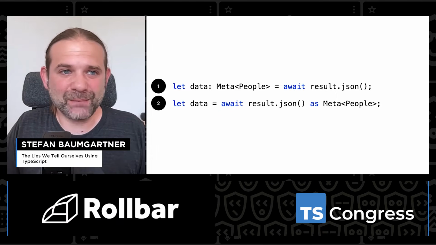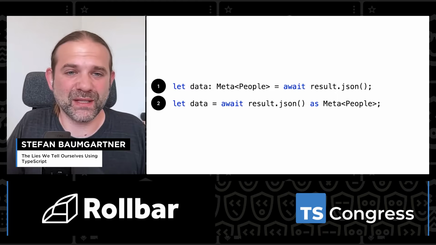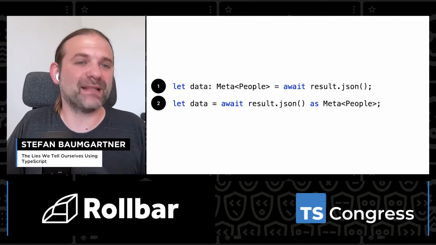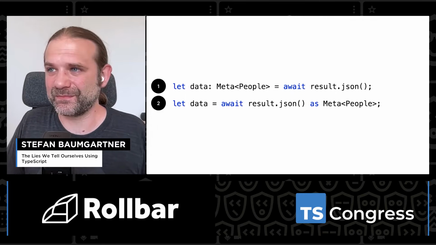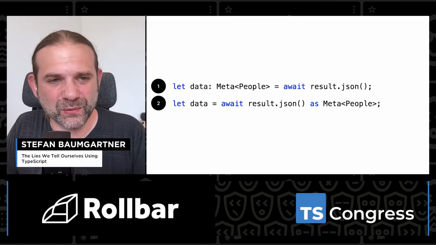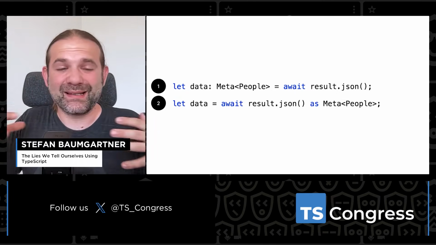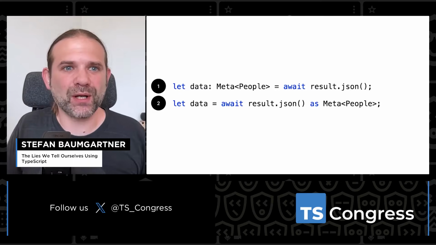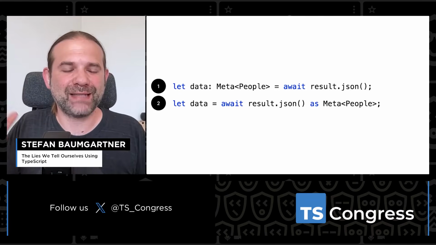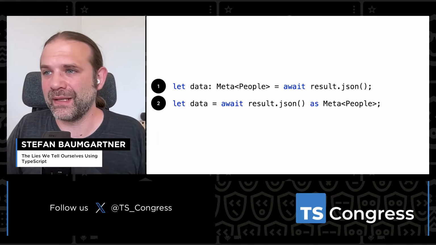Number 1 is just a type assertion. You're never going to figure out that you're having any on the right-hand side, and it suddenly becomes a meta people on the left-hand side. So what we want is actually number 2. But the problem is that type annotations with any just work, and nothing keeps us from doing that. TypeScript is totally happy with it.